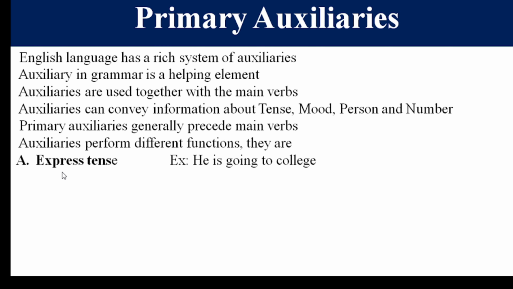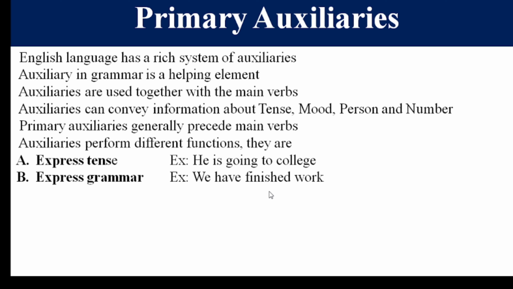First, the function of the primary auxiliaries is to express tense. Look at the example: He is going to college. Here the tense is the ing form, the continuous form, where the action is going on right now. The second function is to express aspect. We have finished work. When we use have plus V3, that shows present perfect.